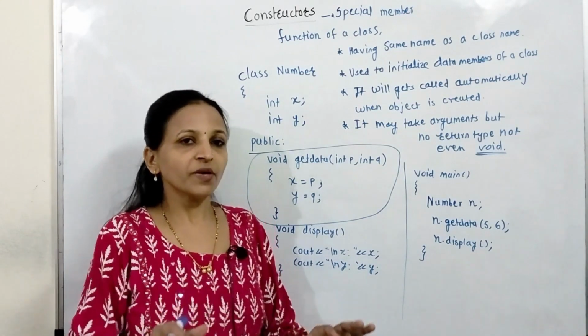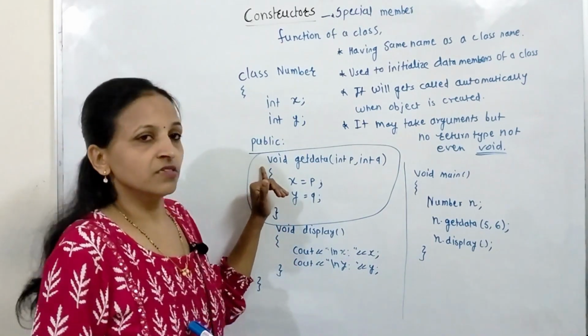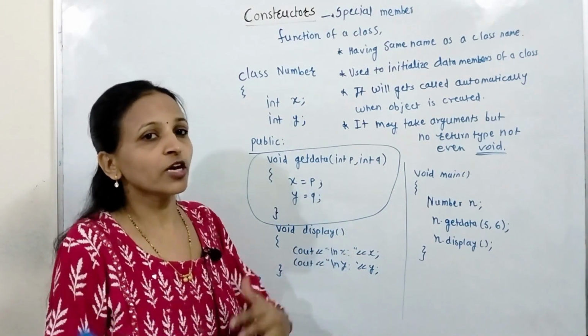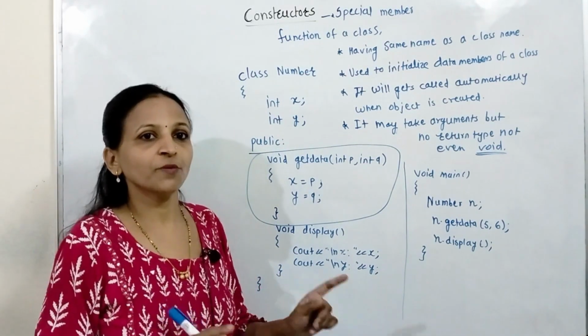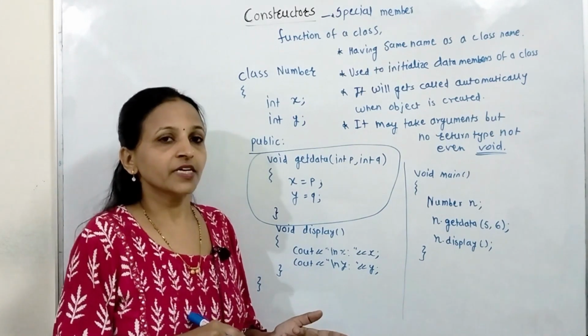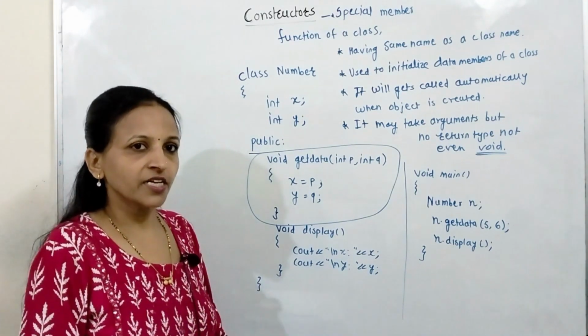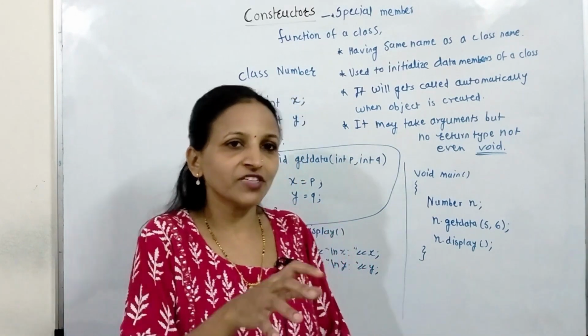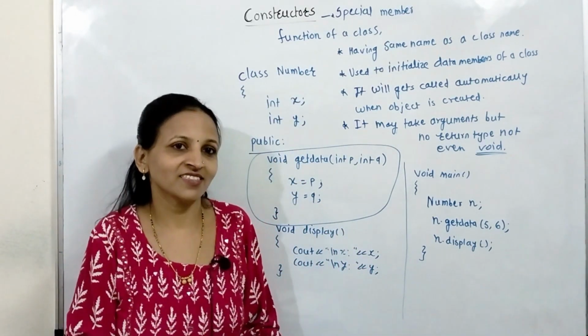Normally we write void whenever a member function is not returning anything outside. Don't mention the return type of a constructor as void. Actually, internally it is returning the object which is getting initialized.